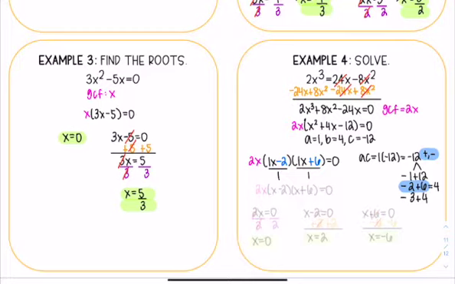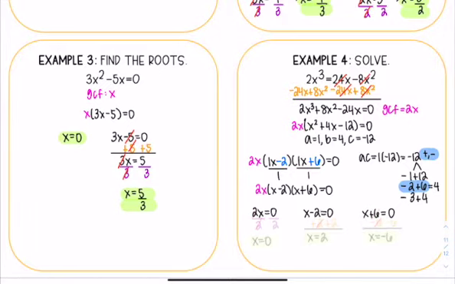And so we end up with 2x times x minus 2 times x plus 6 equals 0. And then we set each piece equal to 0 and solve. So 2x equals 0. We have x minus 2 equals 0, and x plus 6 equals 0.